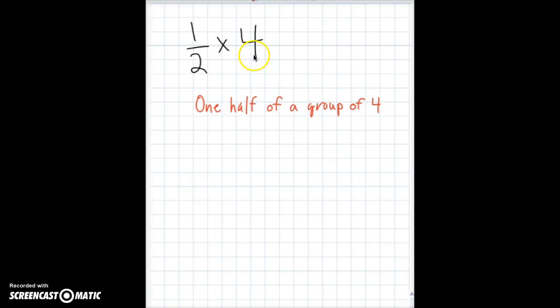In other words, we're multiplying this second number by 1/2. We're taking half of it. So we can think of this 4 as being 4 candy bars.